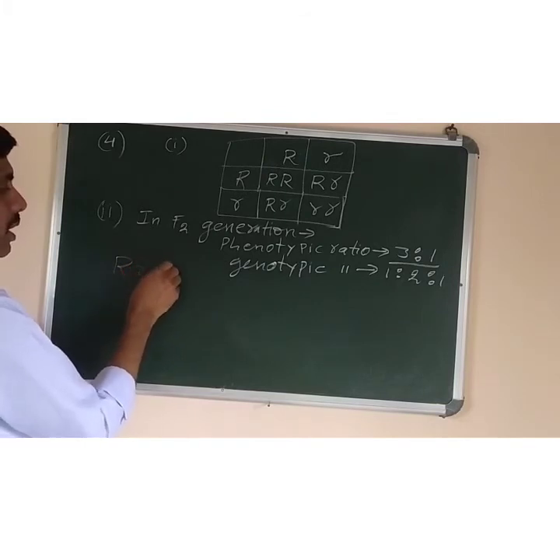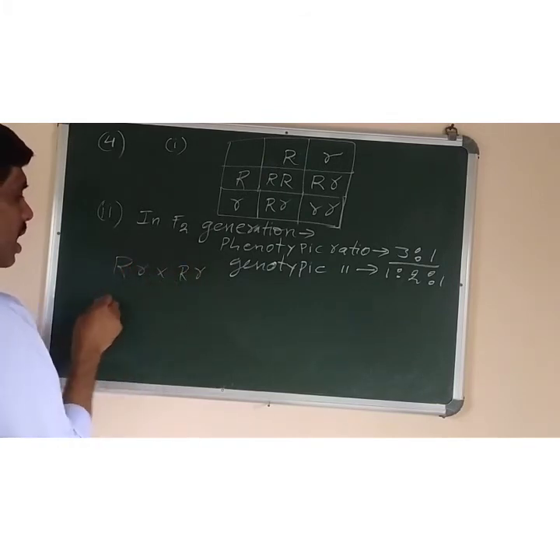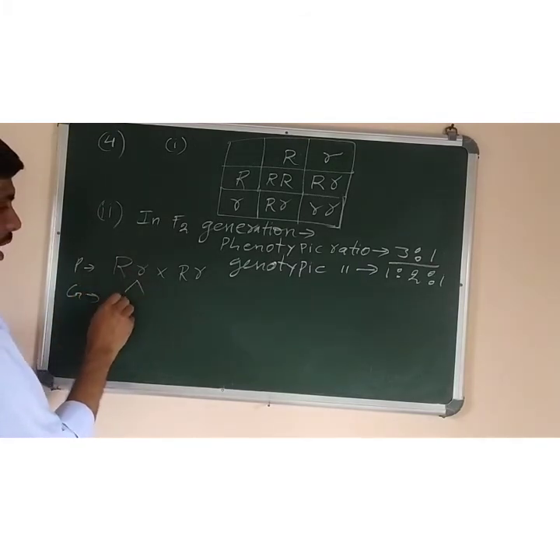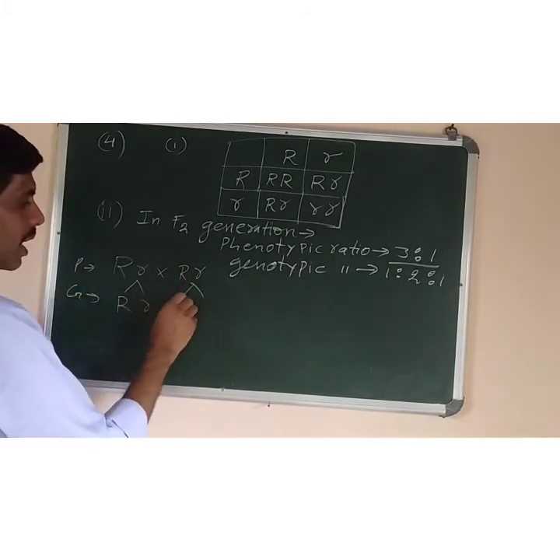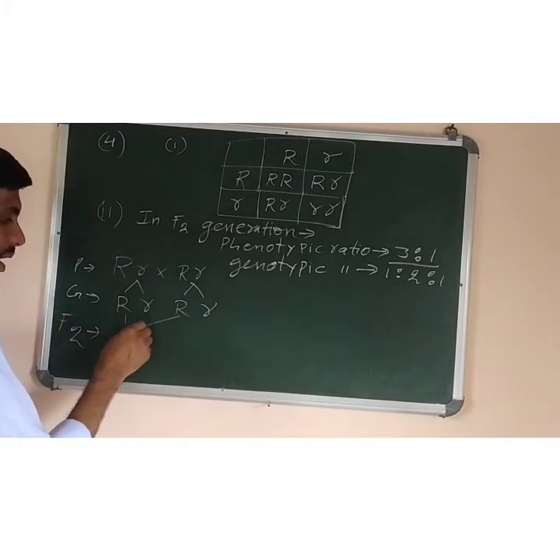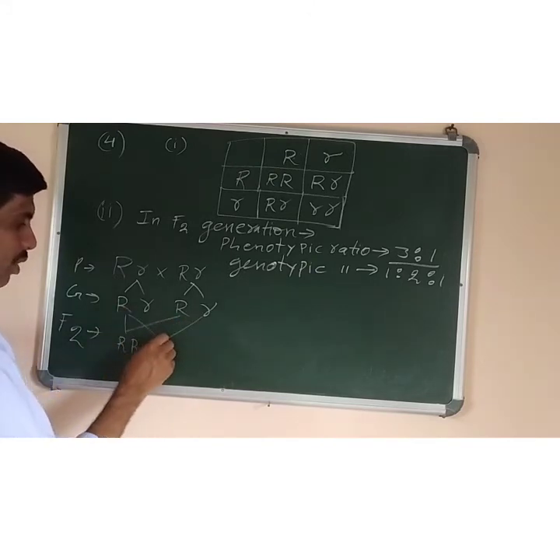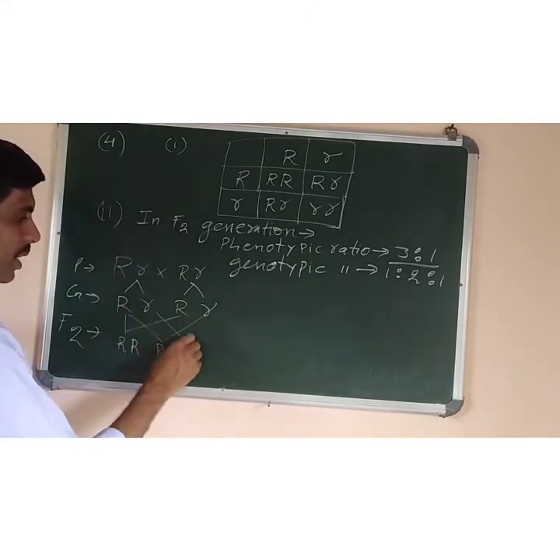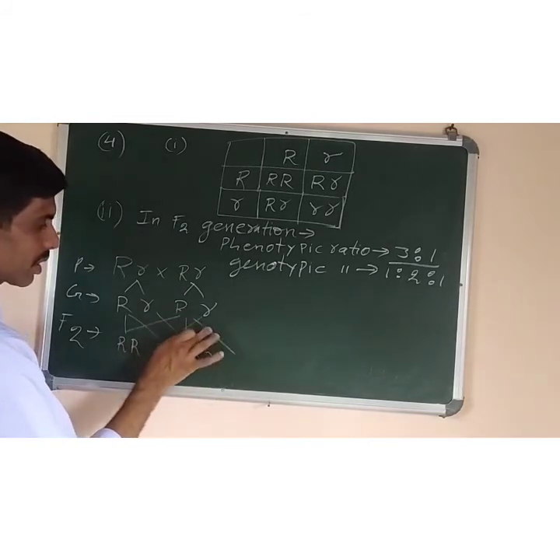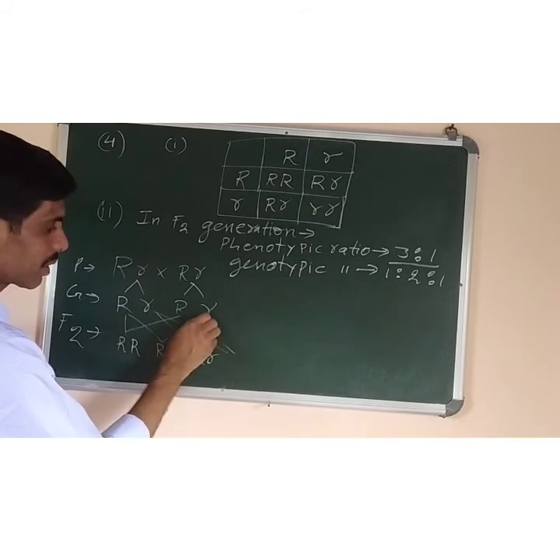If you want to see how it is done, check here, like capital R, small r, crossed with capital R, small r. These are the parent generation. The gametes which they will form, two types of gametes, capital R, small r, capital R, small r. And in the F2 generation, you can see how they are formed, capital R combining with capital R, capital R combining with small r, capital R combining with small r, small r combining with small r.